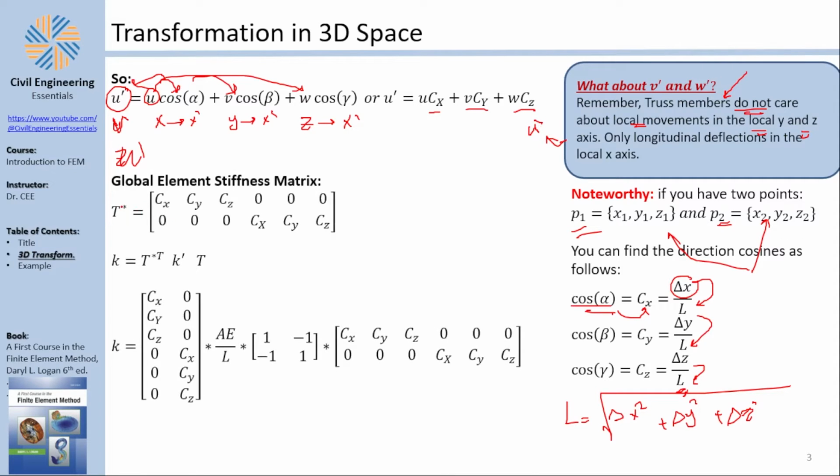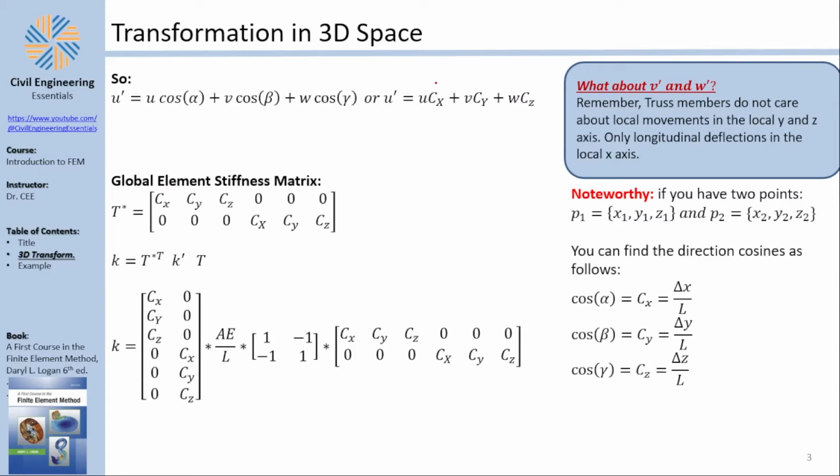So basically what we see here is a transformation matrix, because look at this. You are saying that u dash equals ucx, ucy, ucz, meaning that your u1 dash and your u2 dash, which means the local movement in the x for point 1 and point 2, will equal the cosine of u global, v global, w global.